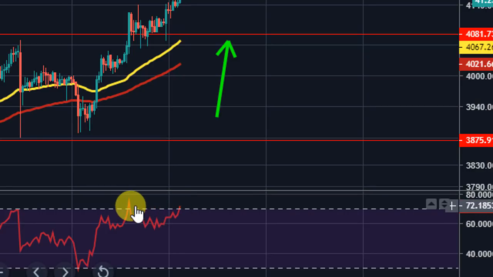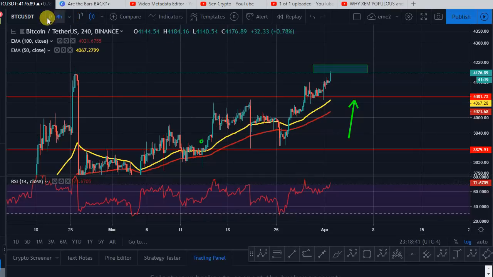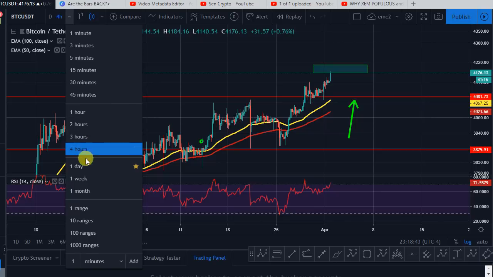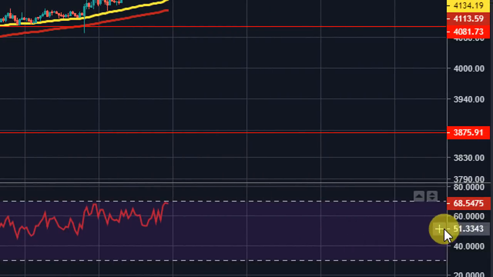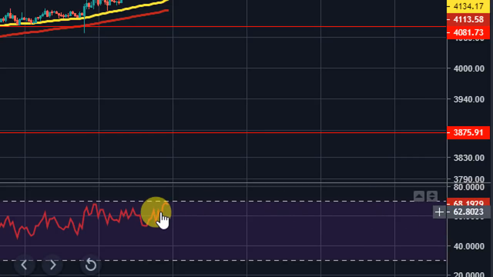So we're going to have to take a look at the 45 minutes time frame. Let's go take a look at 45. When you take a look at the 45 minutes time frame, the RSI on the 45 minutes time frame is lower than the RSI on the 4-hour time frame. It is pretty important, because the 45 minutes time frame has more momentum to go, and if the 45 minutes time frame has more potential to go, it's going to go higher on the RSI.